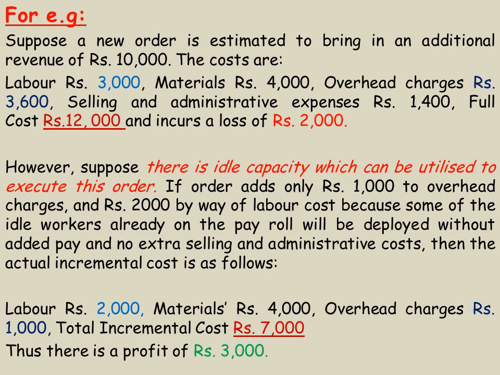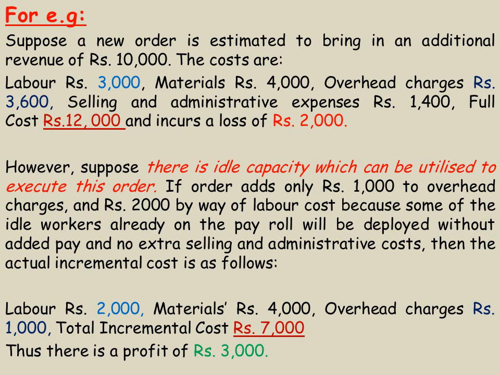Overhead charges, at least 3,600. Selling and administration expenses, maybe around 1,400. Then the total cost will be 12,000. By taking the new order, they have to spend 12,000, but the revenue from the new order will be 10,000. So they incur a loss of 2,000.